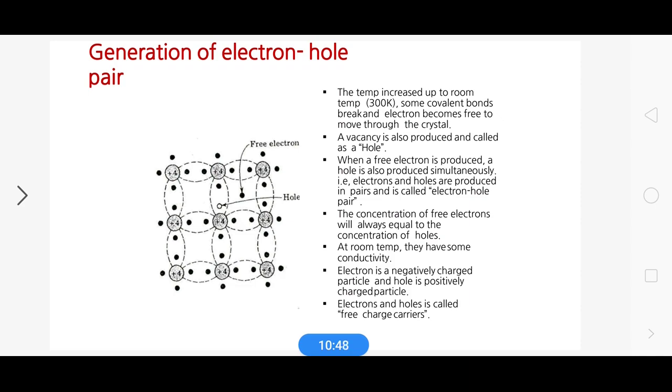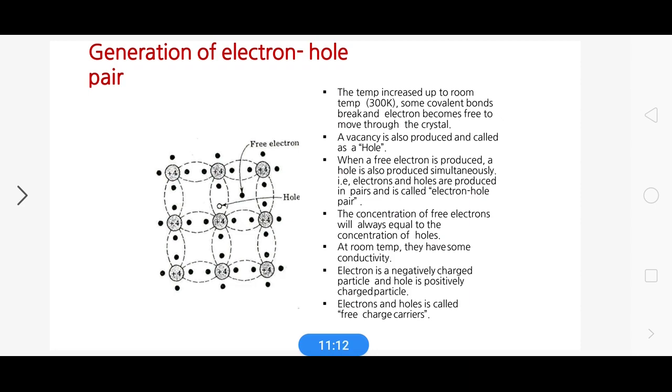So the concentration of free electrons will always be equal to the concentration of holes. The number of free electrons is equal to the number of holes. Therefore, at room temperature, they have some conductivity. Why? Because there are some free electrons in the crystal at room temperature.